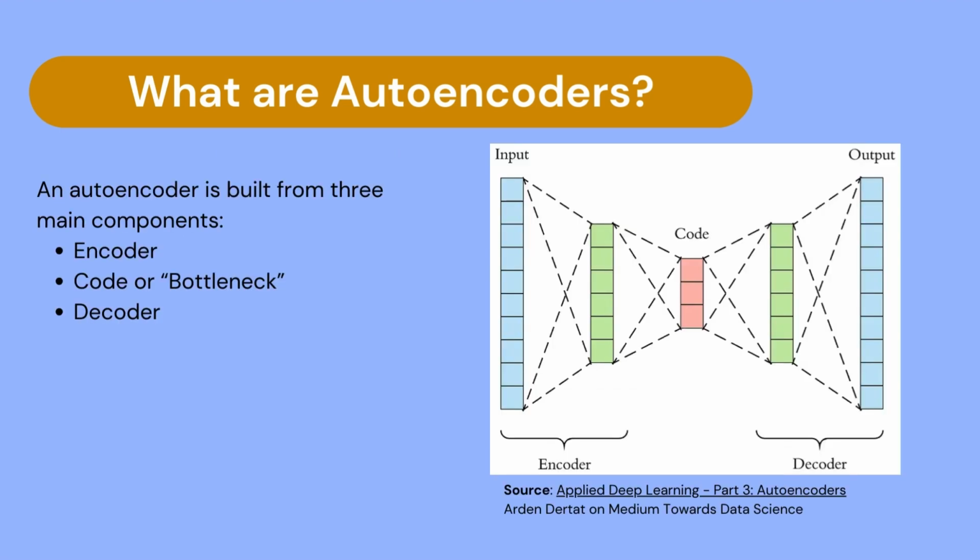An autoencoder is comprised of three main components: the encoder, the code or the bottleneck, and the decoder. The encoder layer is the layer that encodes the input into a compressed representation through reducing the dimensionality of data.